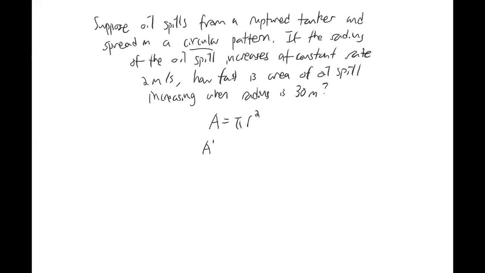A prime is pi 2r r prime, right? It tells you r is 30. Pi times 2 times 30. And it tells you r prime, right? It's increasing at a rate of 2 meters per second, the radius. So 2. So it's going to be 120 pi meters squared per second.